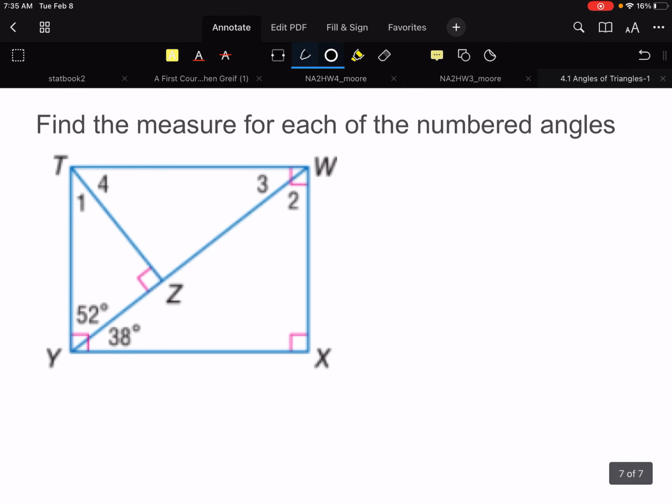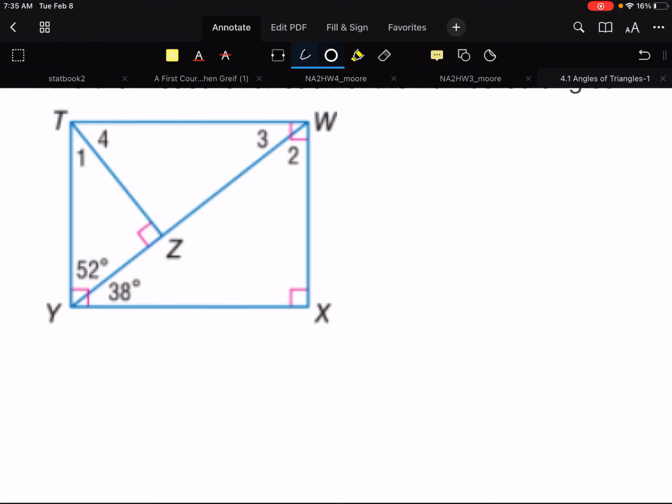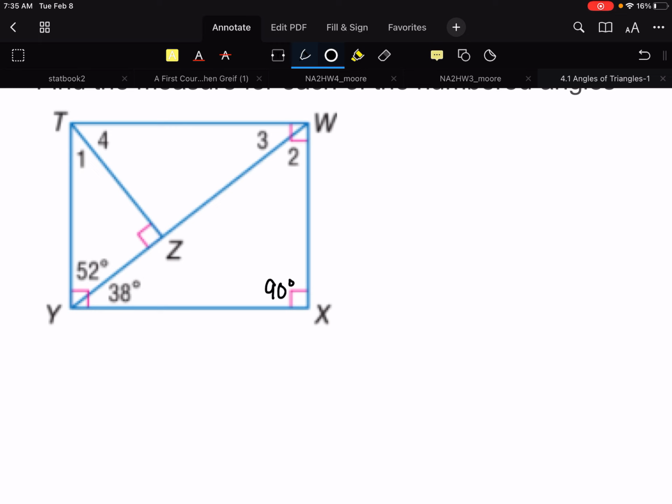Last one, find the measure for each of these numbered angles. Again, this should be fairly simple. We know this is 90 degrees. I know it's not a labeled angle, but we can't assume anything about any of the other angles. Again, we know this one's 90, so angle 1 should be fairly easy. We know that because it's a 90-degree triangle, the 2 acute angles should add to be 90.